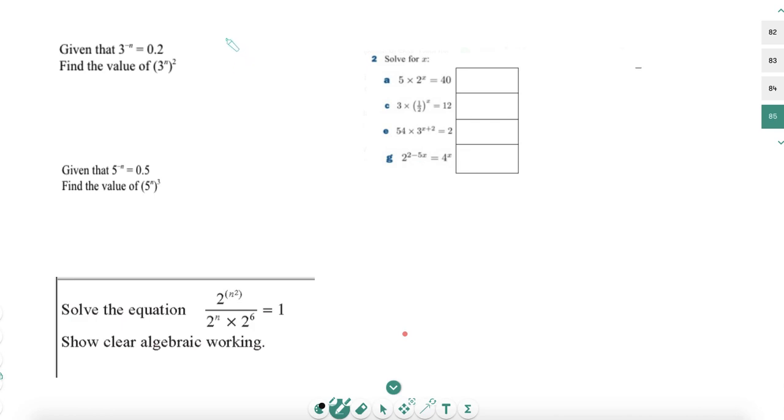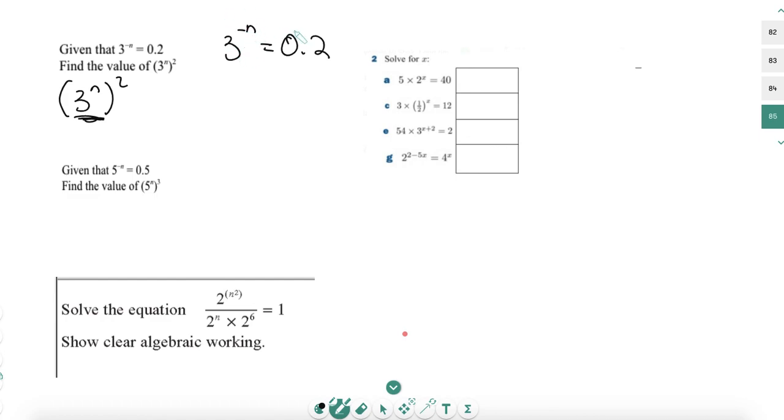So given that 3 to the power of negative n equals 0.2, find the value of 3 to the power of n, squared. Well, first things first, I want to first find the value of 3 to the power of n. I only know 3 to the power of negative n.